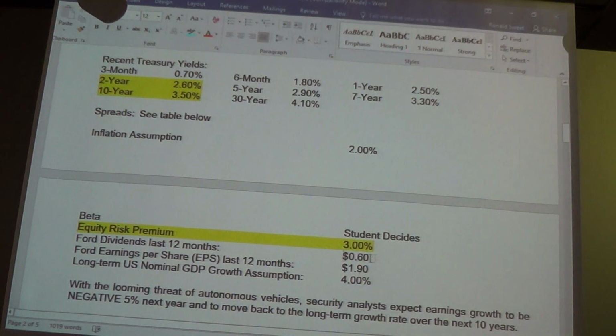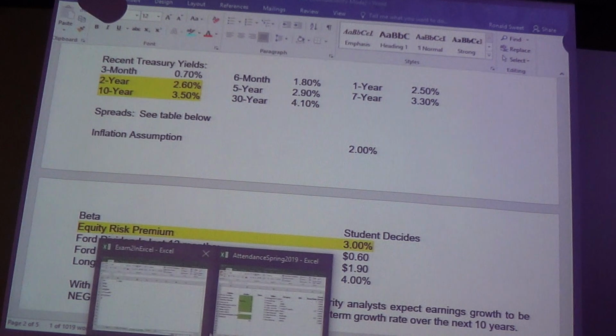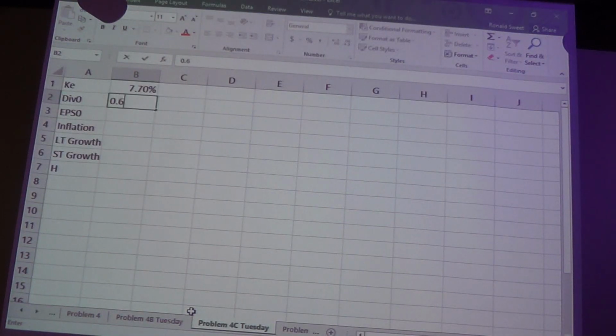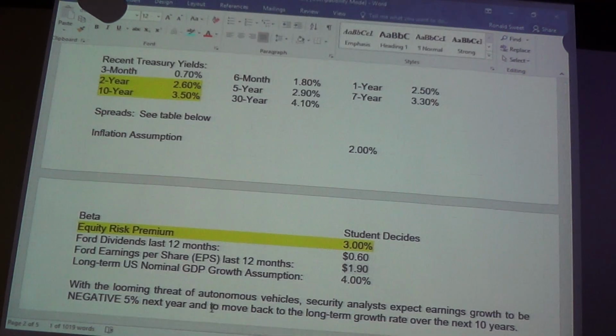So our dividend is 60 cents. Earnings per share is $1.90. Our inflation is right here, 2%.